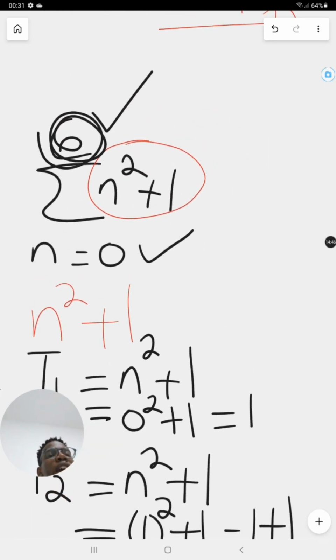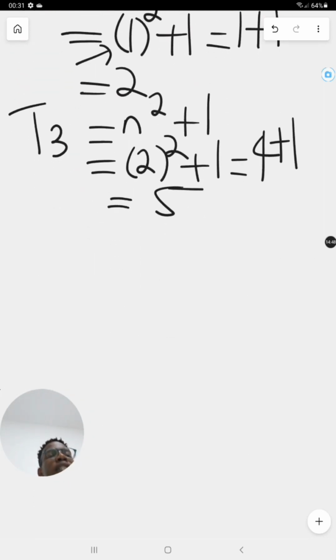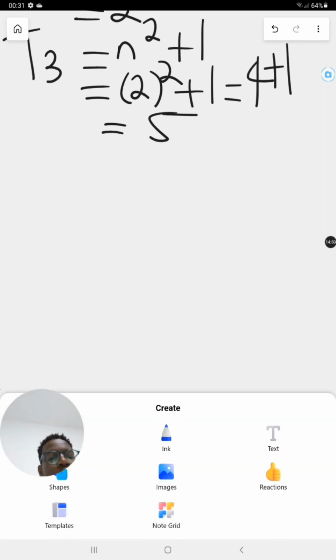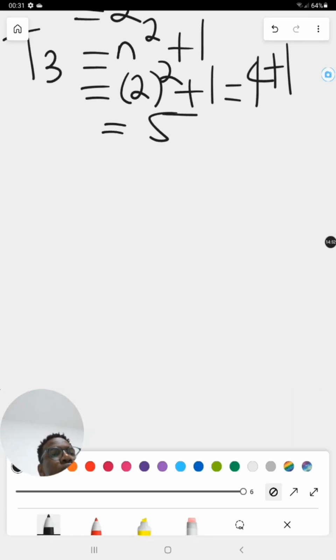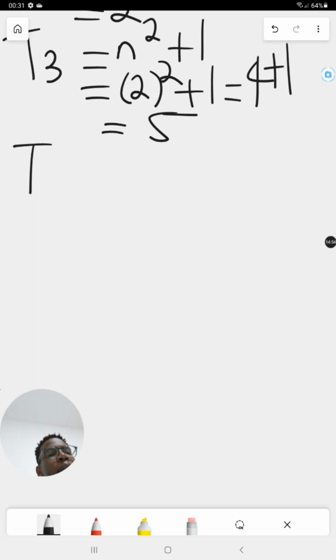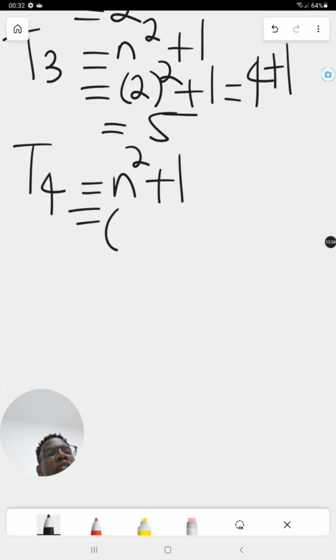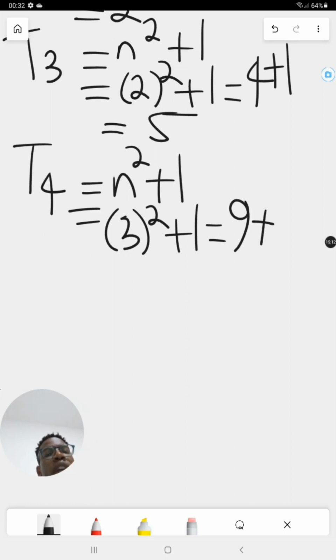For term number 4, we keep doing this up until we use n equal to 6, because at the top there, n is equal to 6. Term number 4 is n squared plus 1, where the value in place of n is 3. 3 squared is 9, plus 1, so 9 plus 1 is 10.